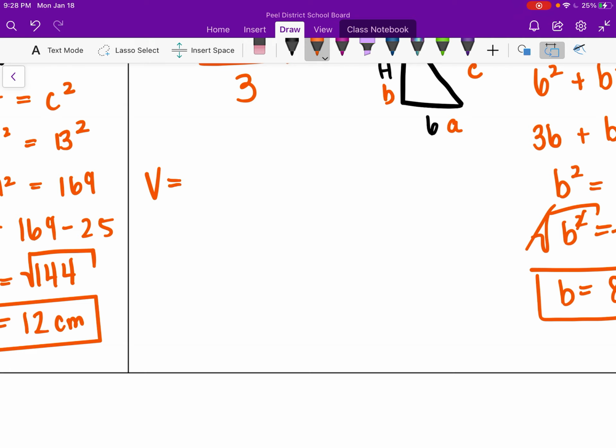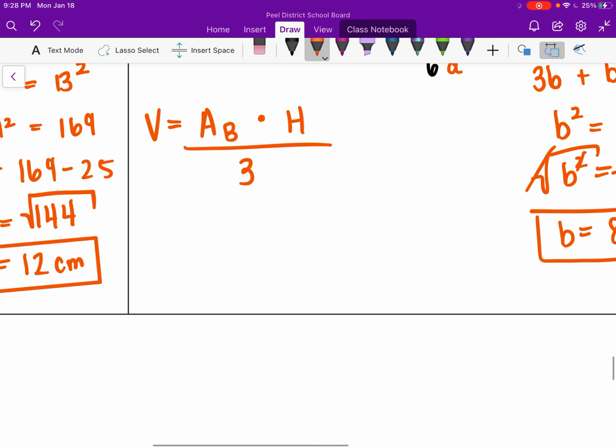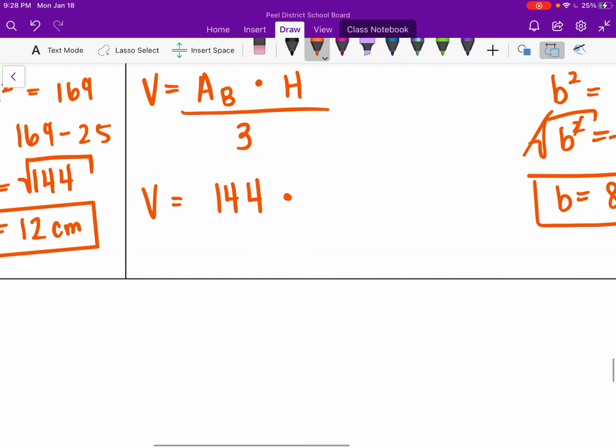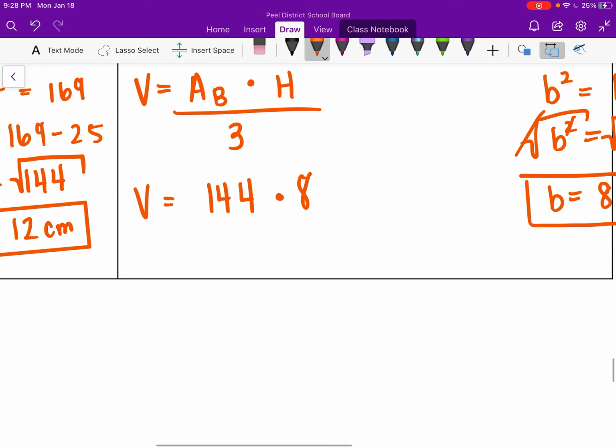So volume is equal to the area of the base times the height divided by 3. And now I have all these numbers. I know the area of my base is 144, multiplied by height, which we know is going to be 8, divided by 3, right? Volume is equal to 144 times 8. So I'm just going to put that into my calculator.